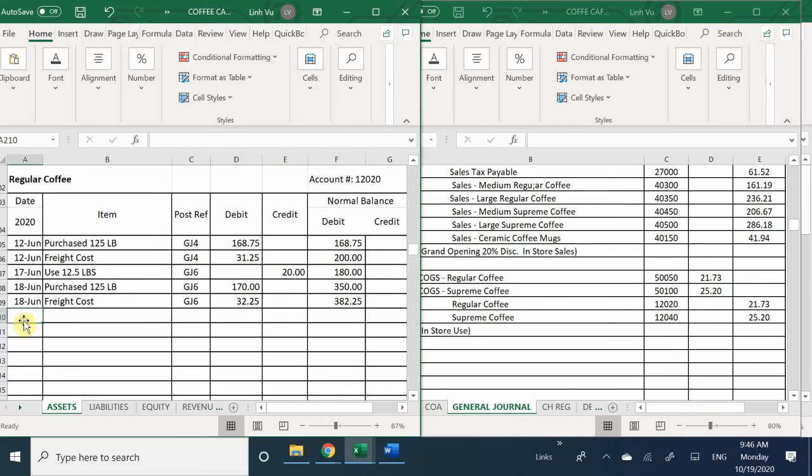Once we do a cost of goods sold, we need to find our equal and opposite credit, or whichever way you go. Okay? So here, I'm going to update this. I'm going to say I used 13.5 pounds of coffee.